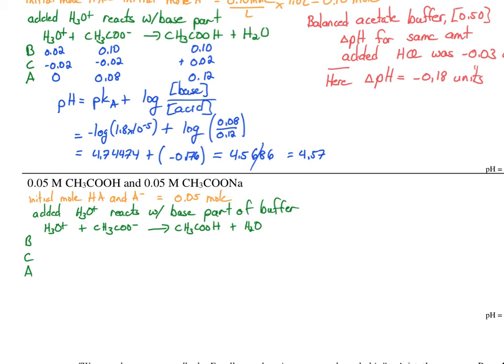Then we need to determine the concentration of each after that has reacted with the added H+. So we have our BCA table. We have 0.02 moles of the added H3O+, and initially we have 0.05 moles of each of the buffer components. We still have enough to consume all of our added acid.